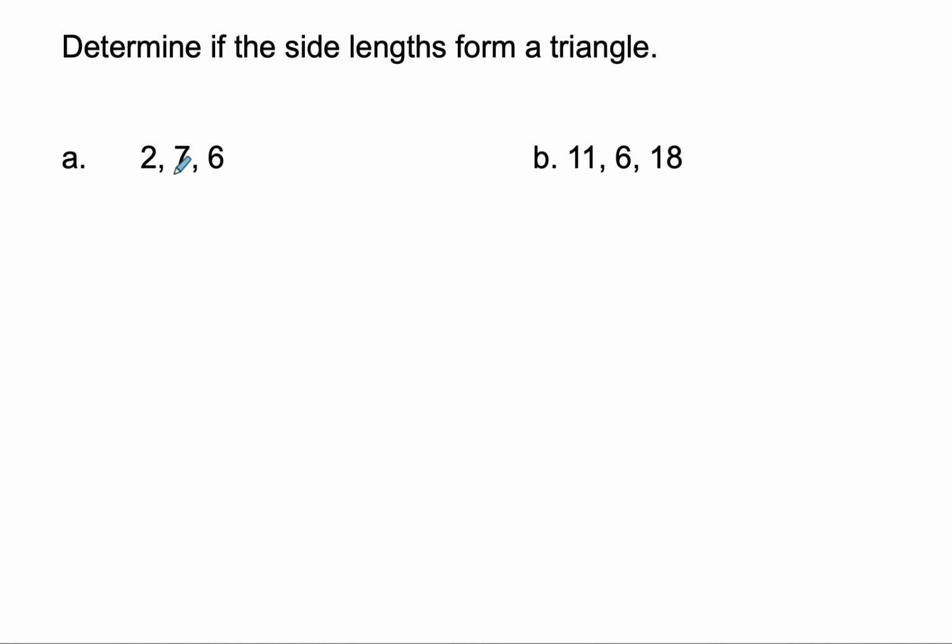All right, so for our next one, determine if the side lengths form a triangle. So in order for side lengths to form a triangle, we have to add the two smaller sides. I'm going to write: sum of smaller sides has to be greater than the longest side.